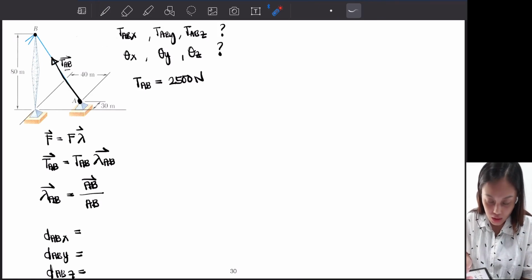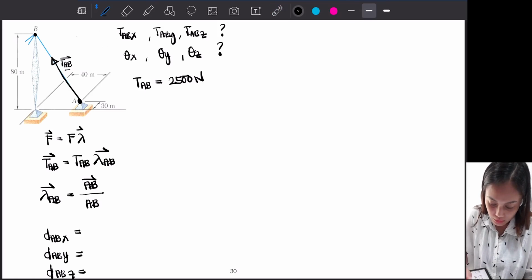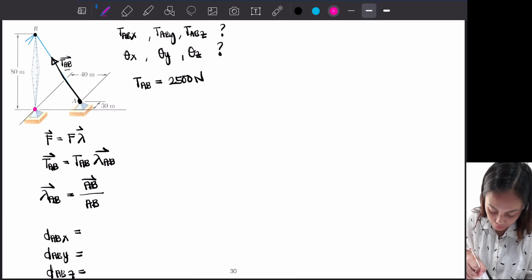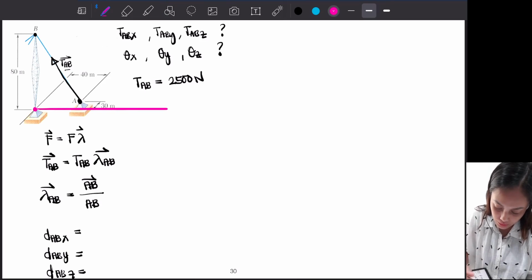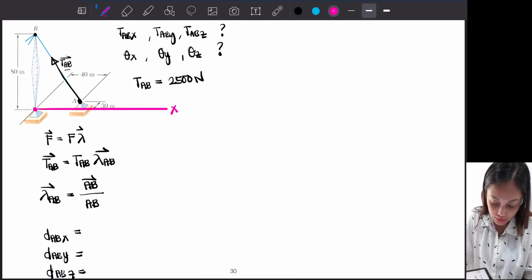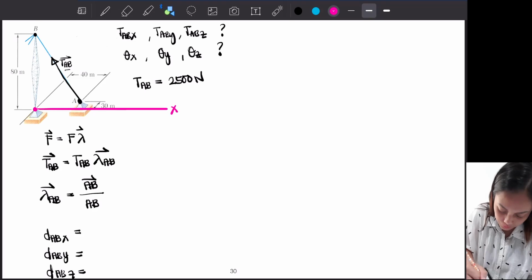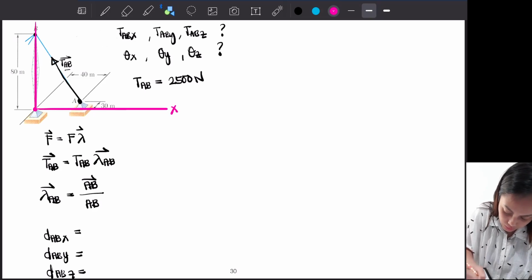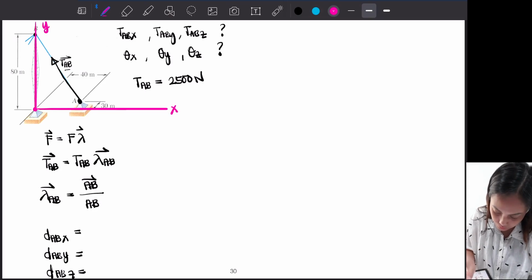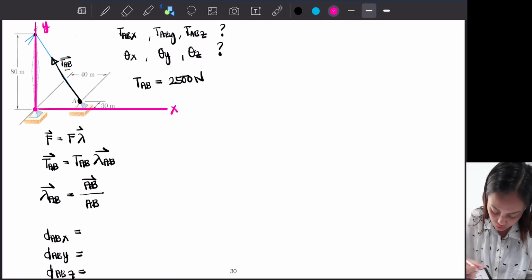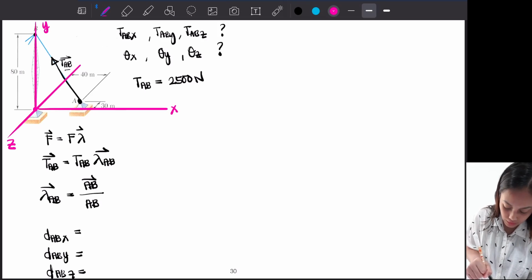Okay, so let's look at the figure. So in the figure, this one is our x-axis. This one is our y-axis. And this is the z-axis.